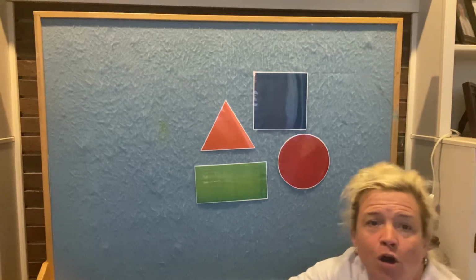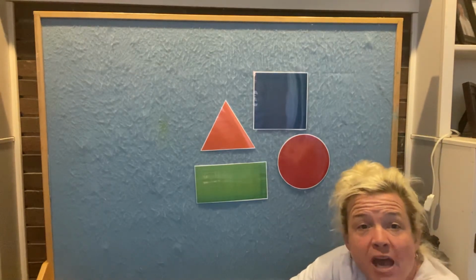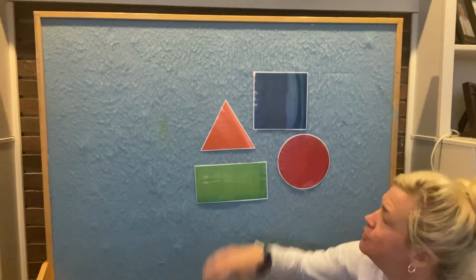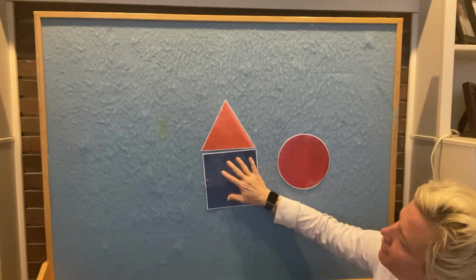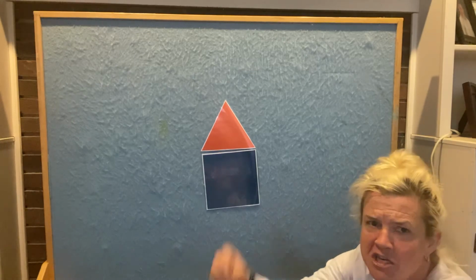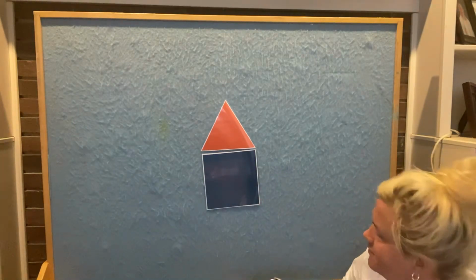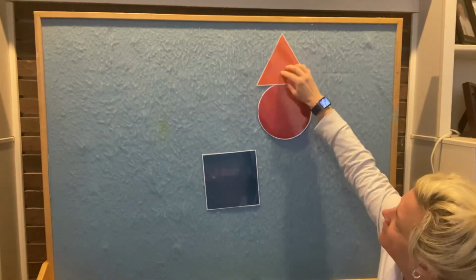Friends, did you know you could also do construction with shapes? Remember our friend Jack the Builder? So if we use our shapes, we could make something. Just putting a triangle and a square together, Miss Julie made a house just like that. What about if I do this?